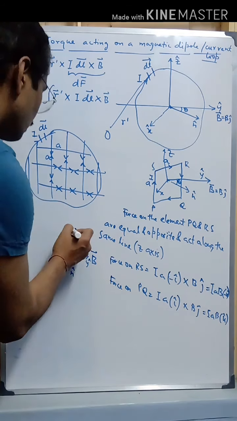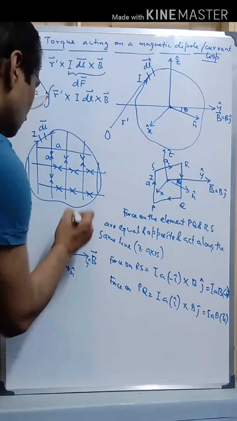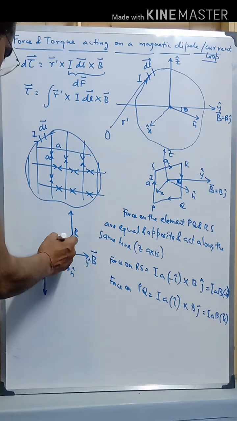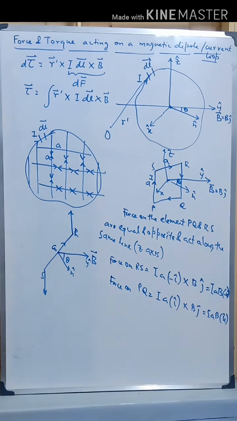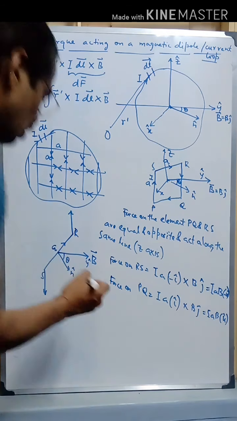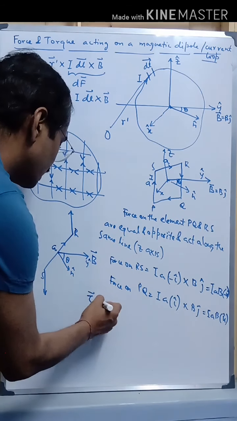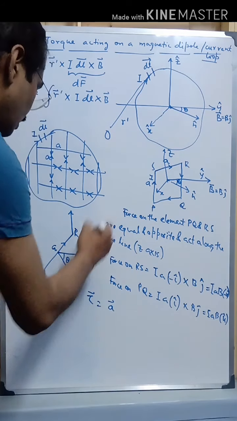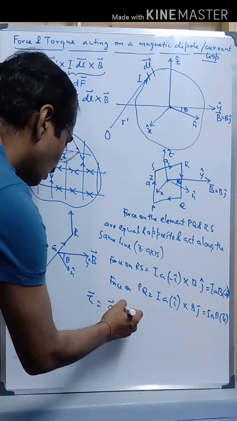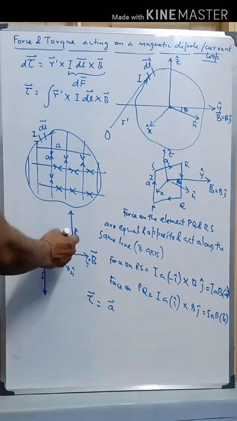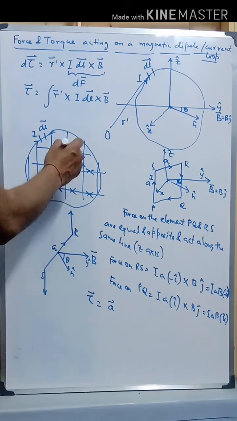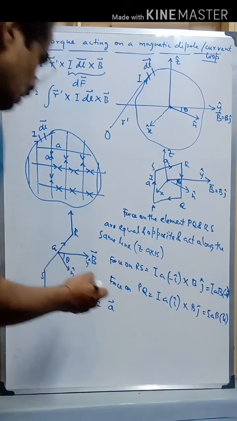So one force would be directed along this and the other force along this, and they are separated by a distance A. So now we can talk about a torque acting, and that torque tau would be equal to A by 2 cross this force plus A by 2 cross this force, which again makes it A.